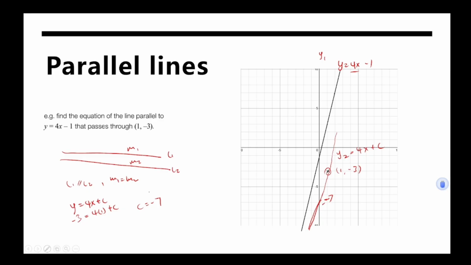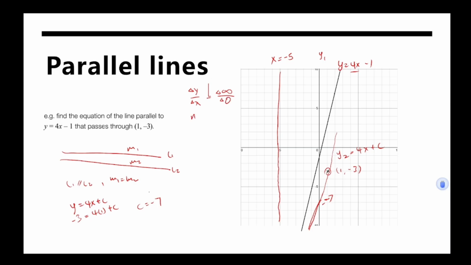And what if, you may ask, the line is straight vertical? For example, this is the line x equals -5. Now, what is the gradient of this? We can think of it as changing y over changing x. Y is always changing, but x is not changing. So changing y is infinite, and changing x is 0.